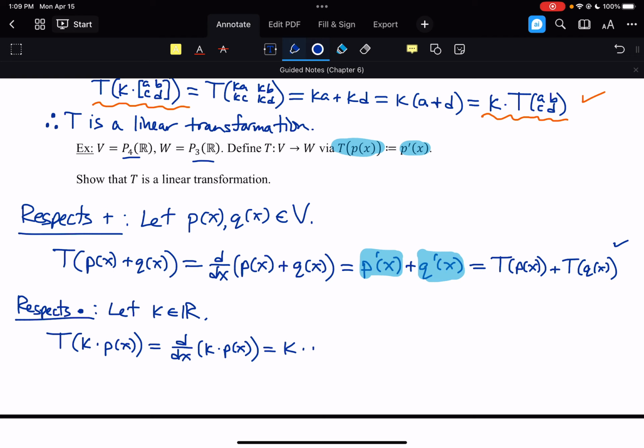So this is k times p prime of x. And p prime of x is the transformation of p of x. So because it respects addition and it respects scalar multiplication, we again can say therefore T is linear. So it is a linear transformation.